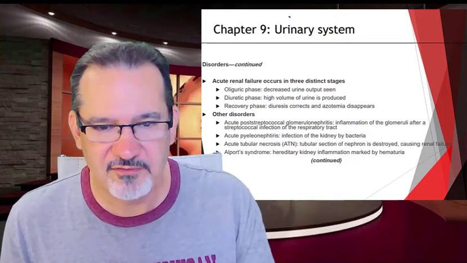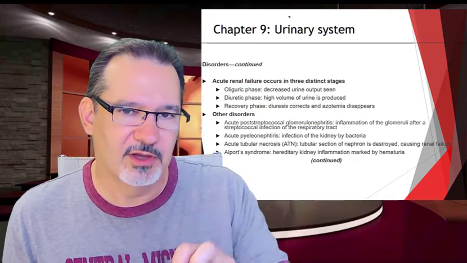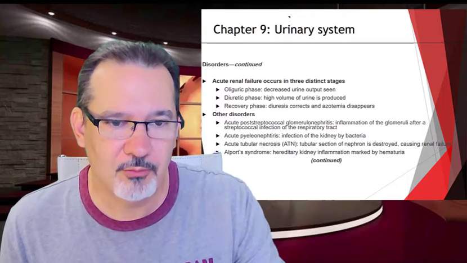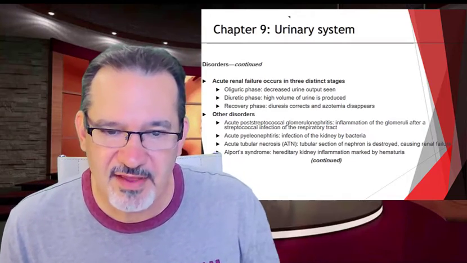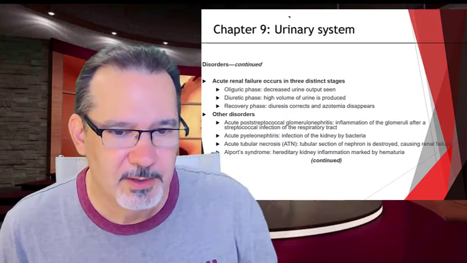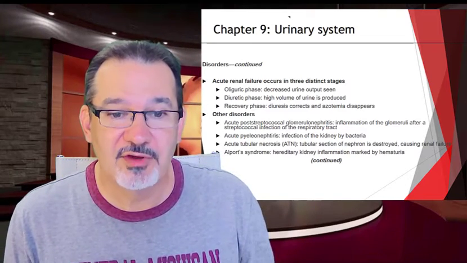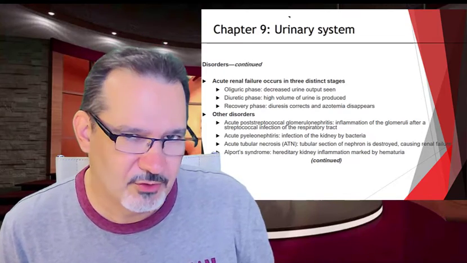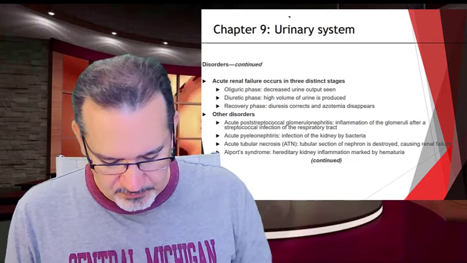The oliguric phase. Remember, olig is decreased or deficient, so a decreased urine output. The diuretic phase, where a high volume of urine is produced, and then the recovery phase, and it says diuresis corrects and azotemia disappears.